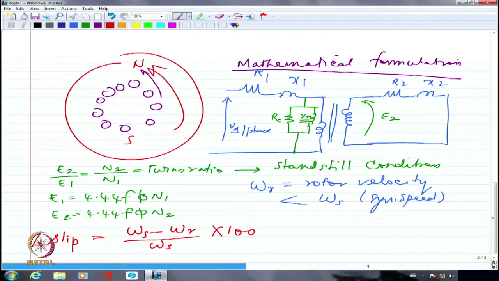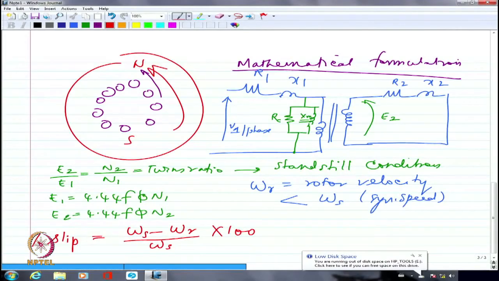Originally, if the revolving magnetic field was rotating at 3000 rpm and the rotor was at standstill, I had 3000 rpm as the relative velocity between the rotor and the revolving magnetic field. Now the rotor has picked up speed slowly. Maybe it has come to 2000 rpm. So the rotor is at 2000 rpm, the revolving magnetic field is at 3000 rpm, and the relative velocity is only 1000.